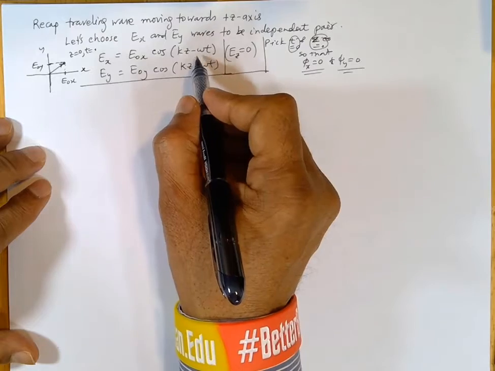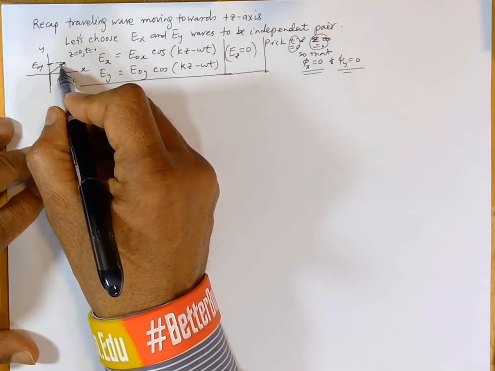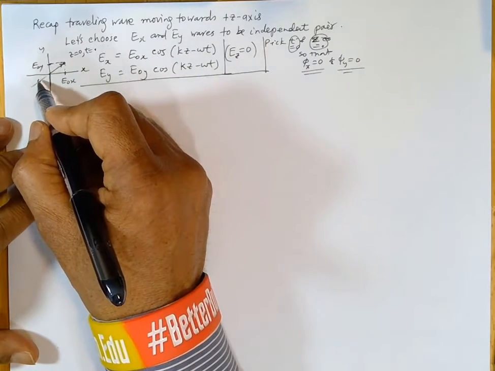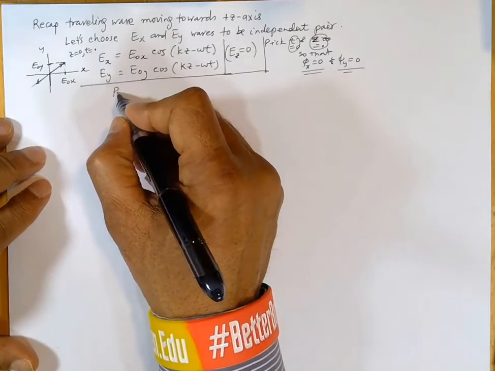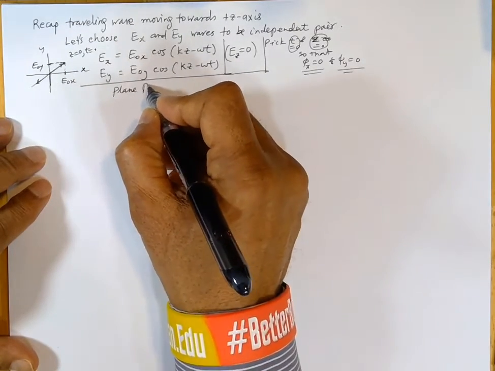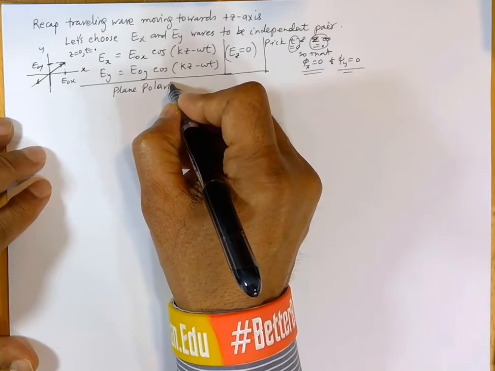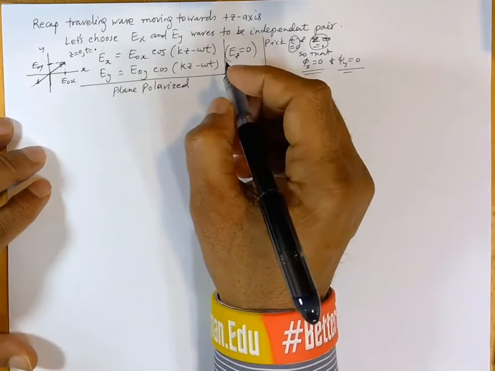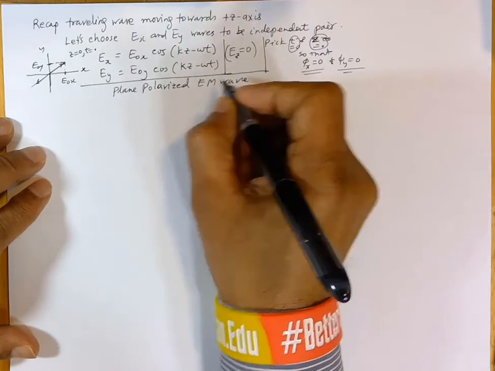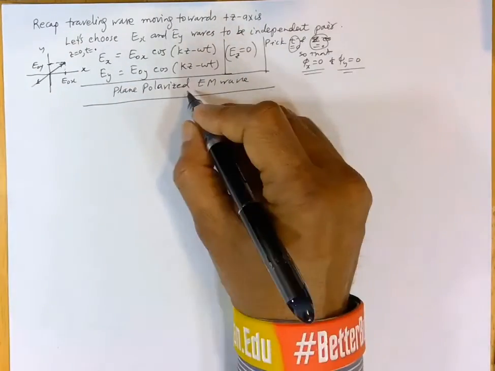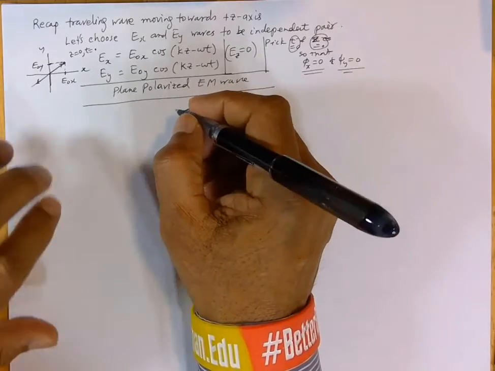And if I wait at z equal to 0, you can see that this is going to move back and forth. So this is an example of what is called a plane polarized EM wave. Okay, we'll have more to say about polarization in a minute.